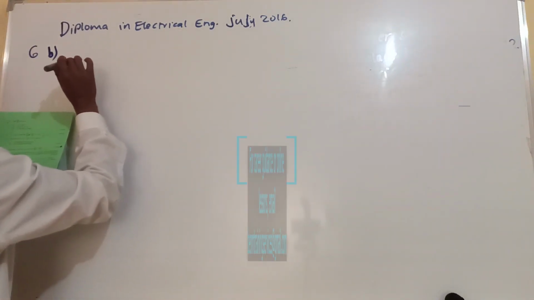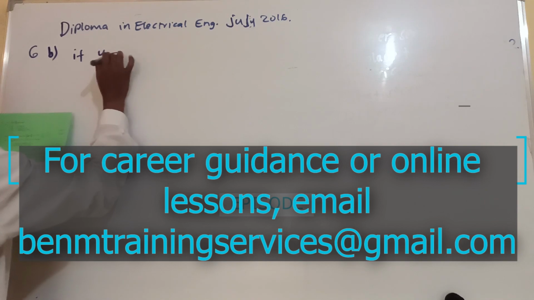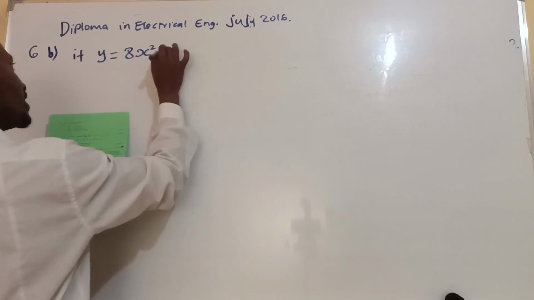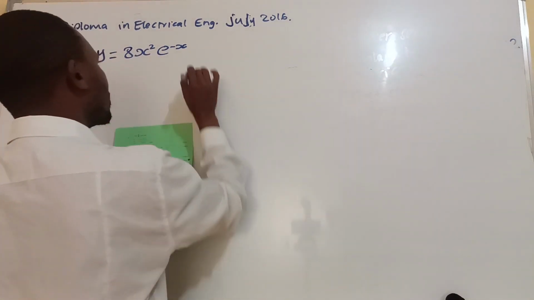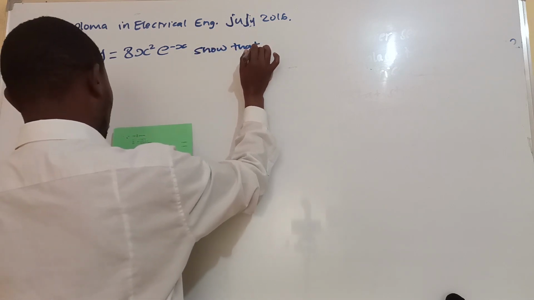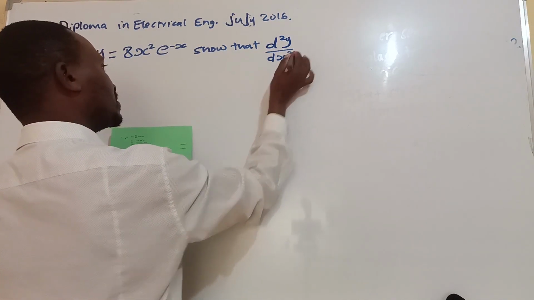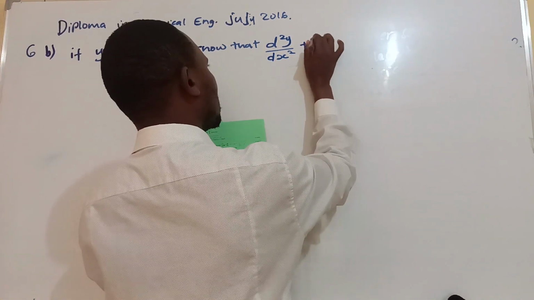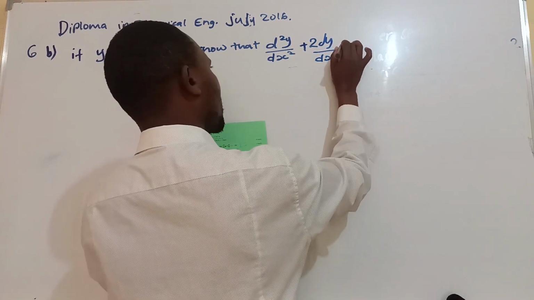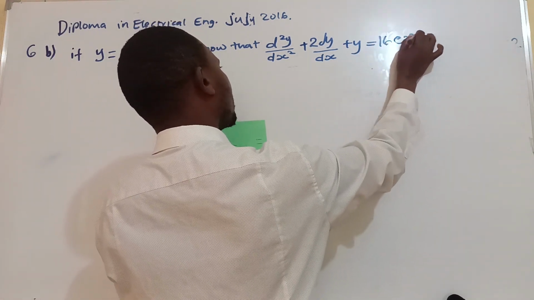Now, if we are told if y is equal to 8x squared exponential negative x, show that d squared y dx squared plus 2 dy dx plus y is equal to 16 exponential negative x.